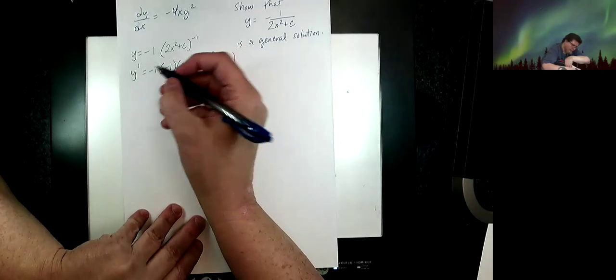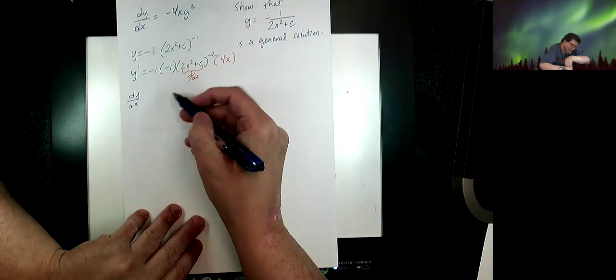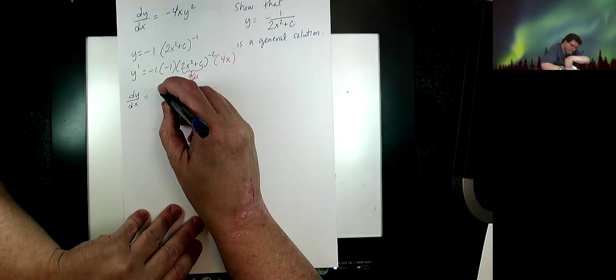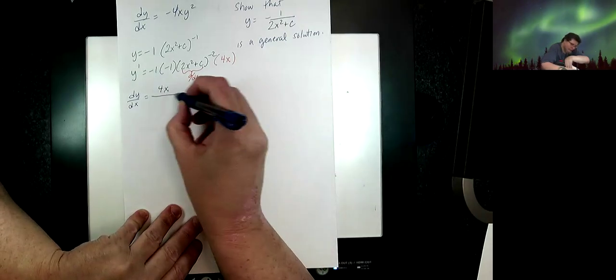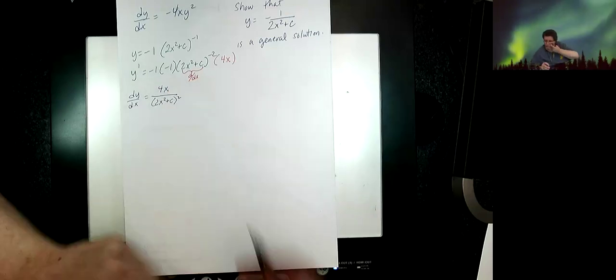So when we wrap this all together, dy/dx is, looks like the negatives cancel out, and I have 4x over 2x squared plus c squared.